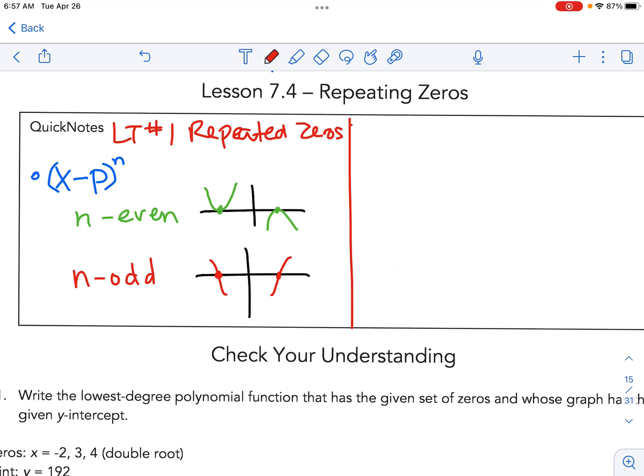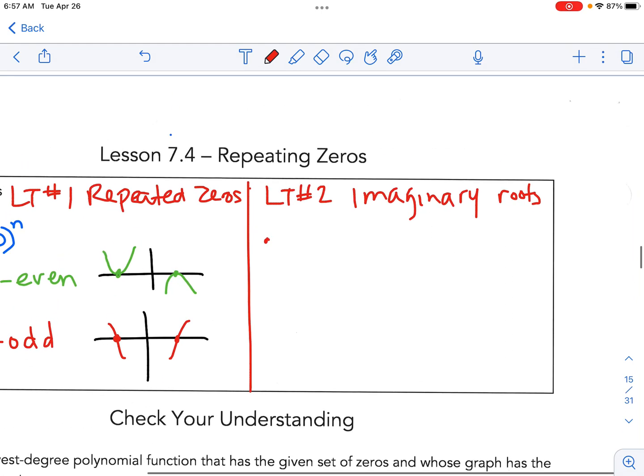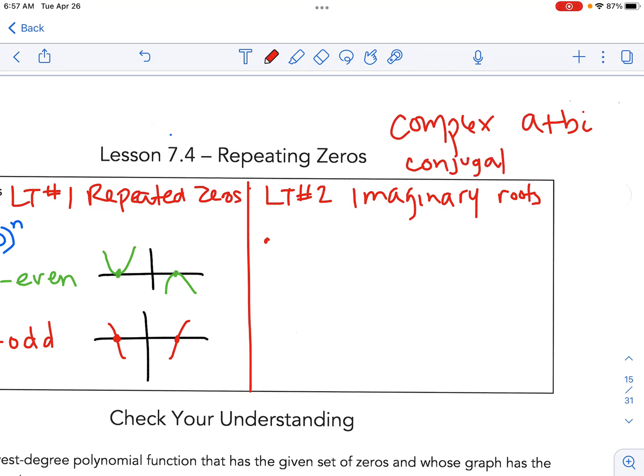And then the other thing that we haven't talked about yet, but we're going to talk about down below, is if we have imaginary roots. If you remember imaginary roots, our complex form looks like a plus bi. And then we have this conjugate that looks like a minus bi.